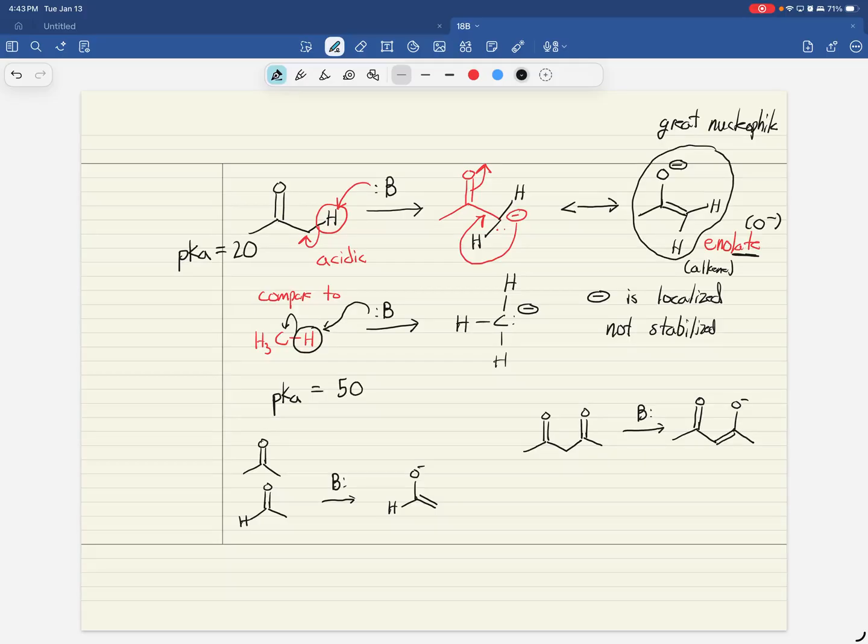So we're going to see these types of chemistry in this semester. These are the most important types I want to get across, okay? It doesn't matter what kind of carbonyl group you have, really, as long as one of them has a carbon atom, okay? So here's some more examples of things that do this. The other common one we'll see is if you have an ester.